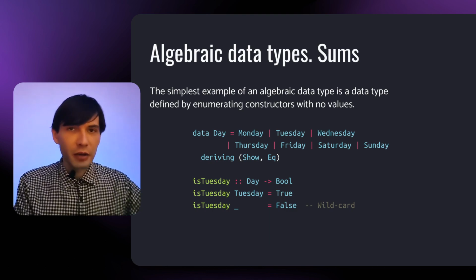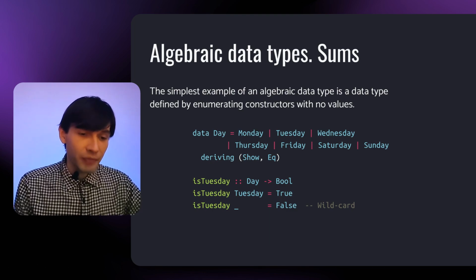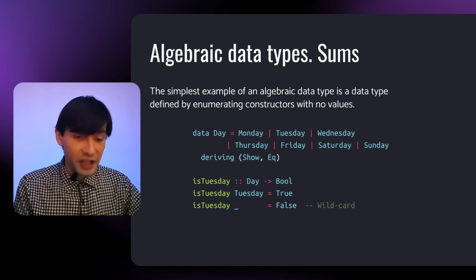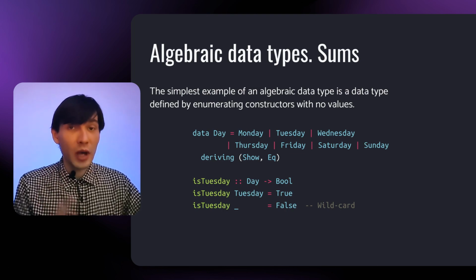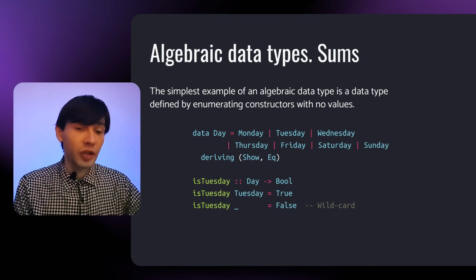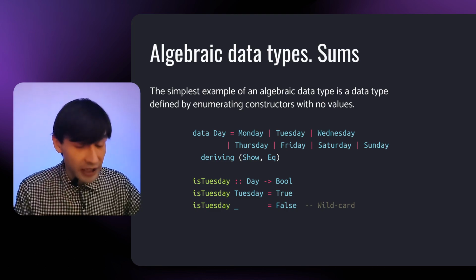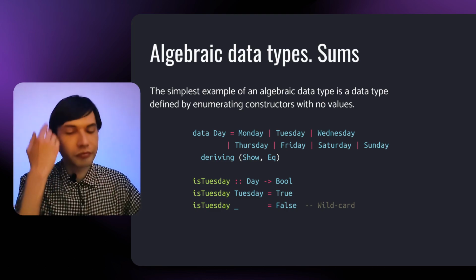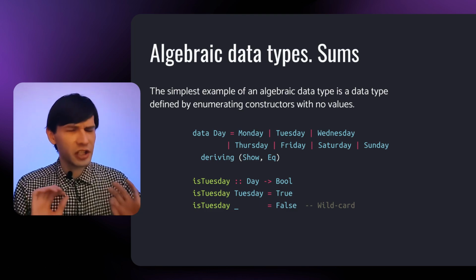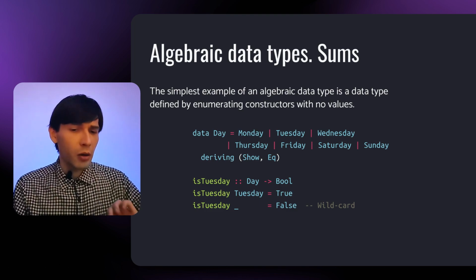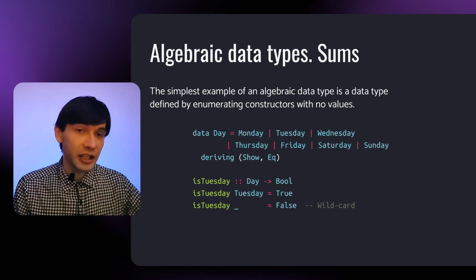Informally, one may read that as follows. A Day is either Monday, or Tuesday, or Wednesday, or Thursday, or Friday, or Saturday, or Sunday. Just 7 flags without any additional information.